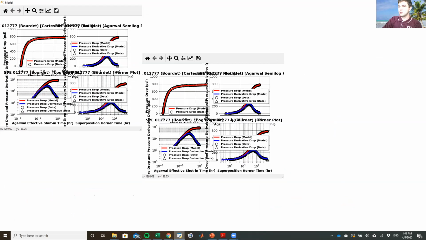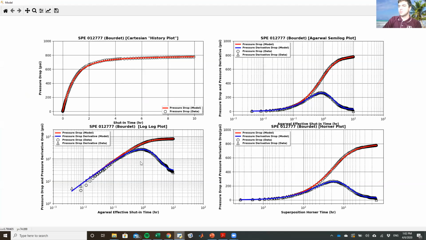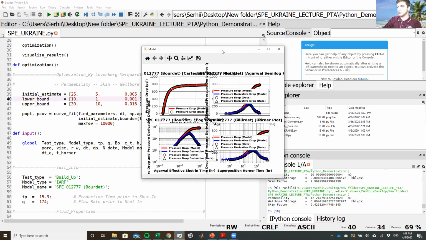And so now, as you can see, we are getting a pretty good match right here. We matched our wellbore storage region. We get a proper match for our hump, which corresponds to some skin value that we'll read now, as well as we start seeing our infinite acting radial flow right at the end of this portion. And we matched pretty much all the data on the different types of plotting functions that we are using.